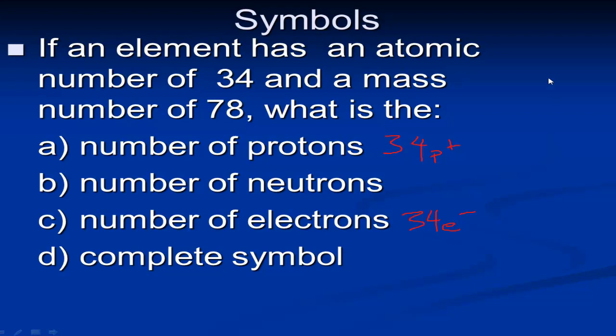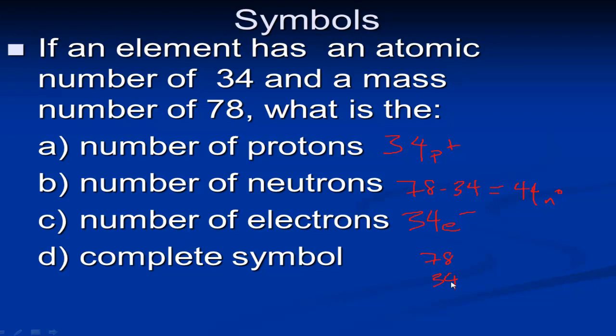Okay. With my neutrons, what I do is I subtract my number of protons from my mass, and that gives me 44 neutrons. And then lastly, my complete symbol. The complete symbol comes from the mass, which is 78 on top. On the bottom is the atomic number, 34.